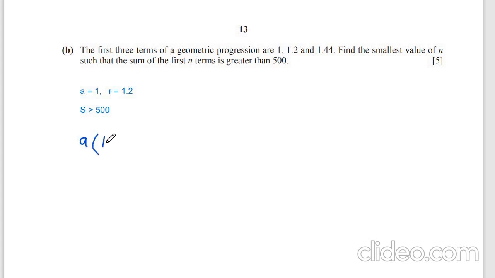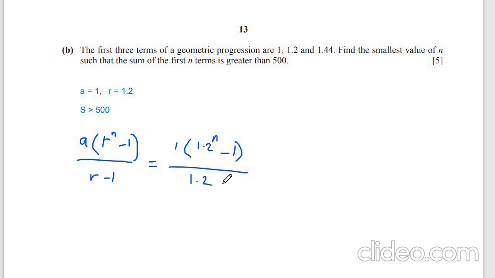the formula for sum is that, and so this is going to be 1 times (1.2 to the power n minus 1) over (1.2 minus 1), and this has to be greater than 500.